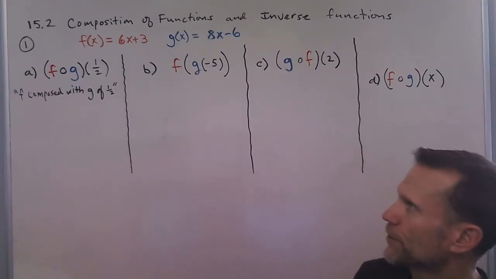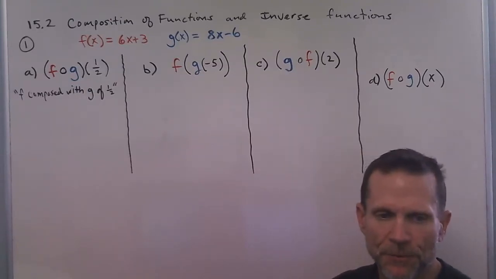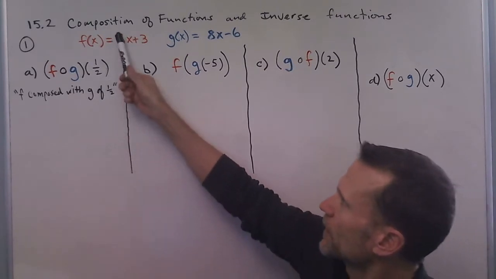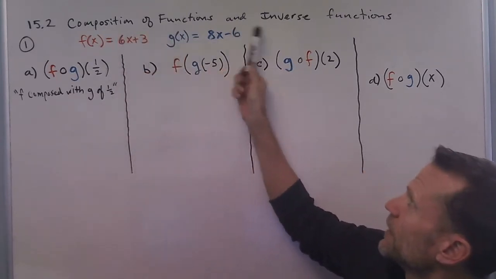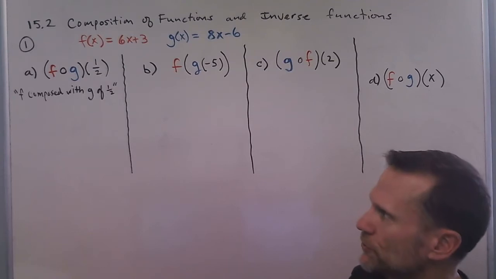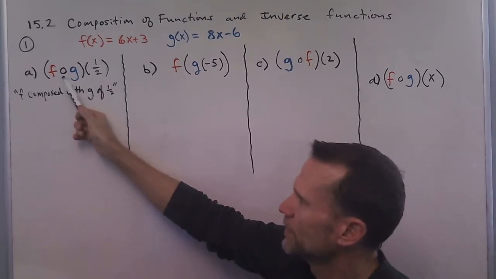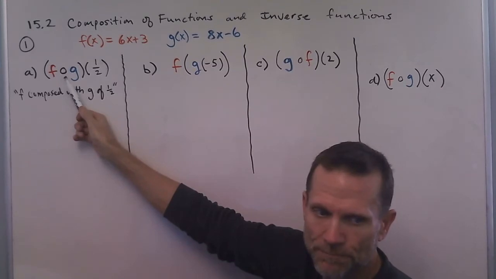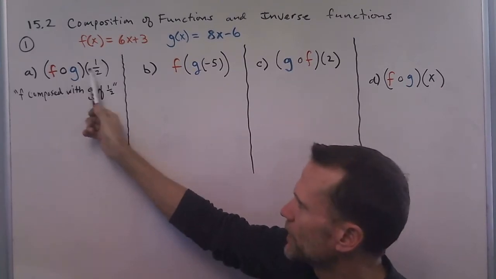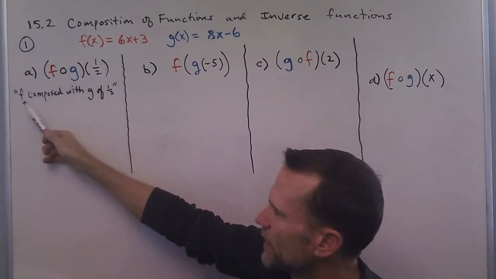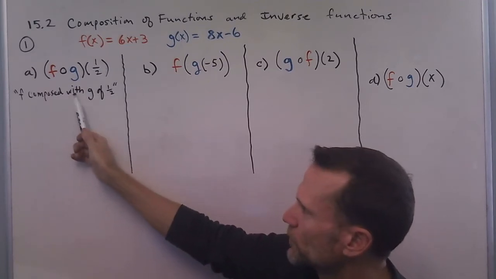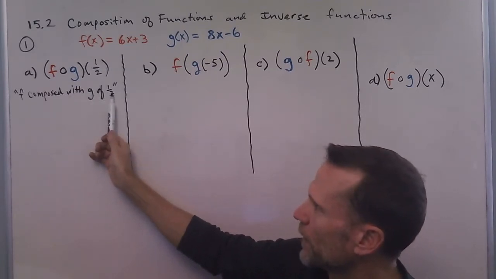Okay, we're going to look at a couple new ideas in 15.2 called the composition of functions and inverse of functions. And so we get this new notation right here that kind of looks like an O. The way that we read this is it's read f composed with g of 1/2.